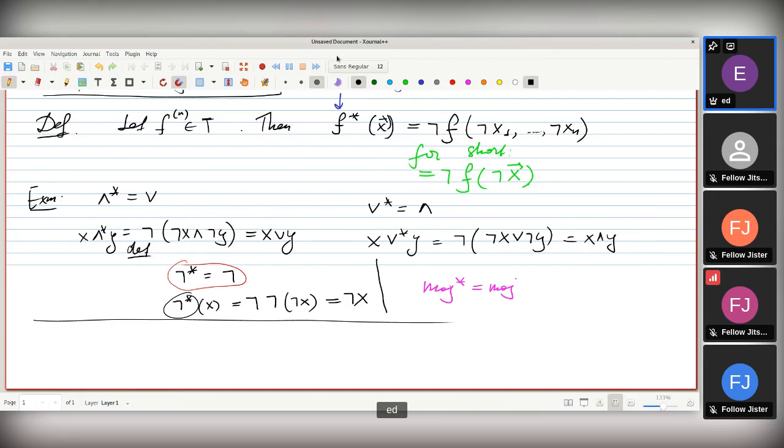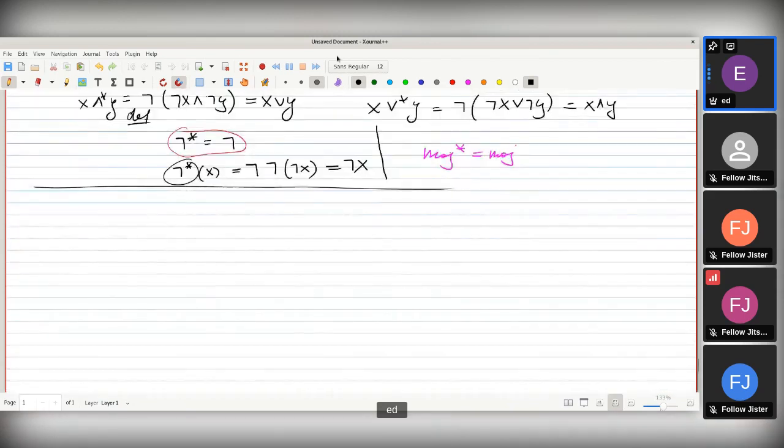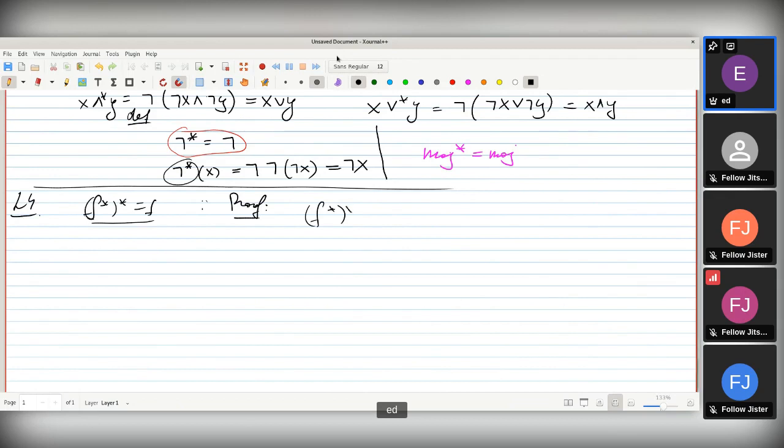First of all, let us observe that the dual of the dual is f itself. It is easy to see. What is the dual of the dual of f?